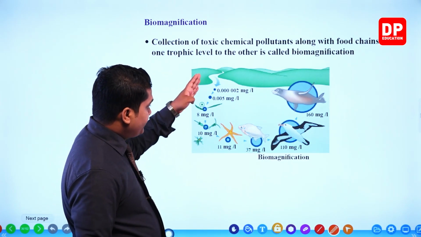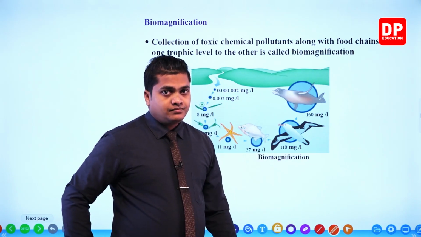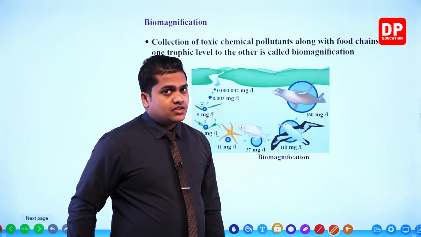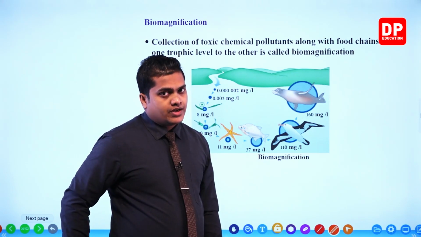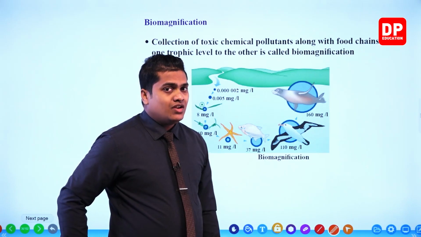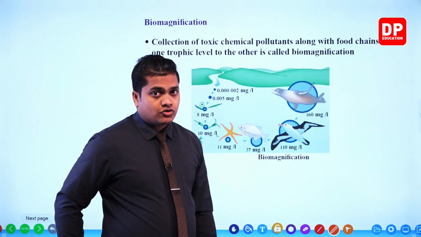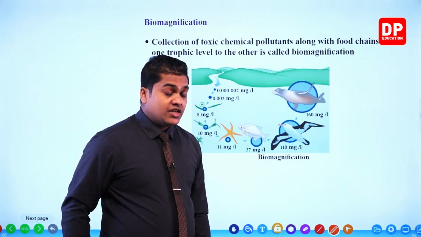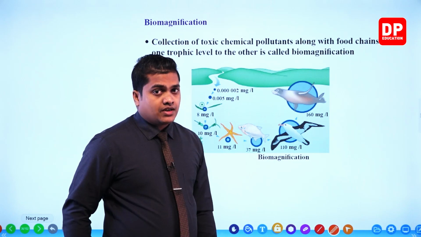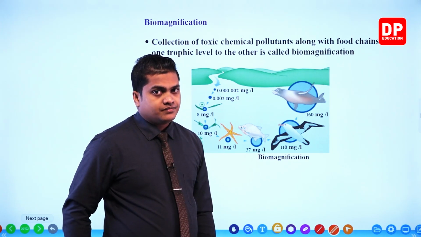As you can see, when moving from one trophic level to another, the accumulation of these substances also increases. So this is a very risky situation, my dear children. Each and every toxic particle can accumulate like this, especially heavy metal particles.